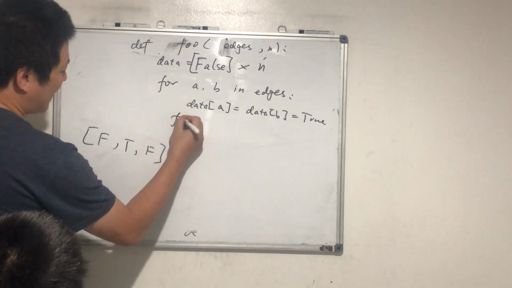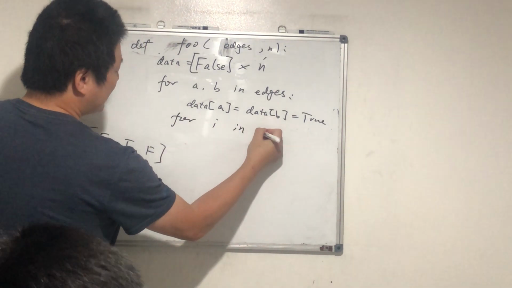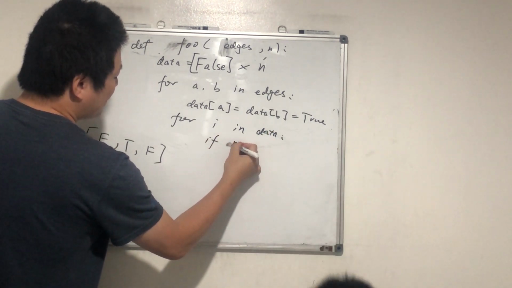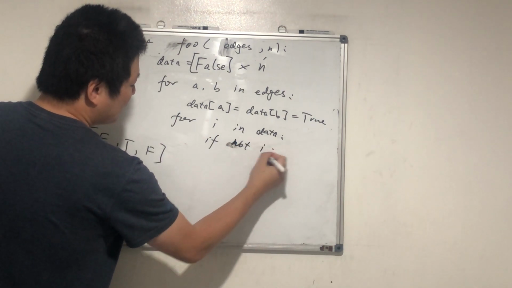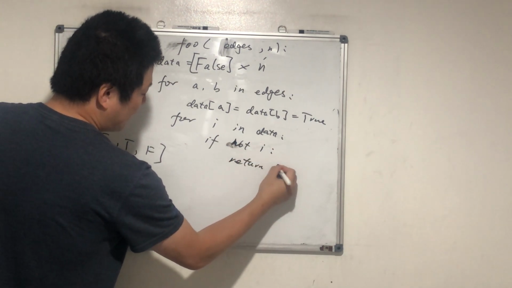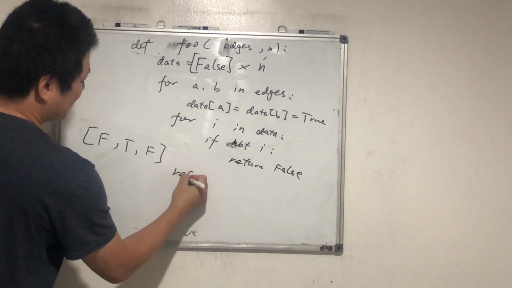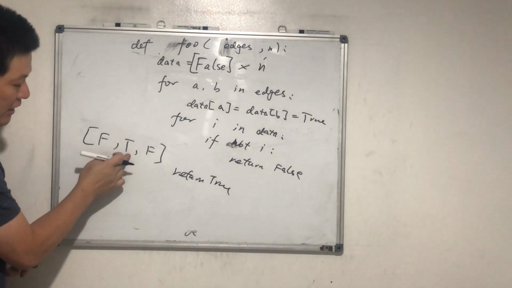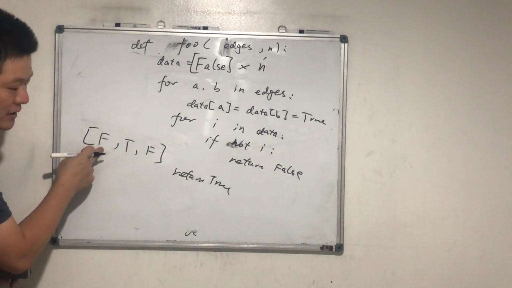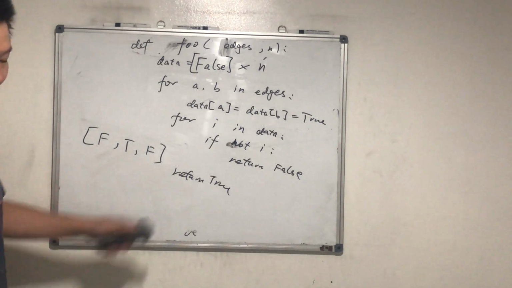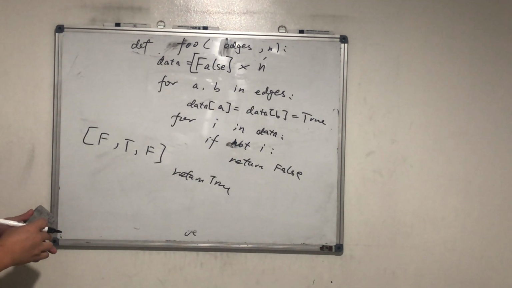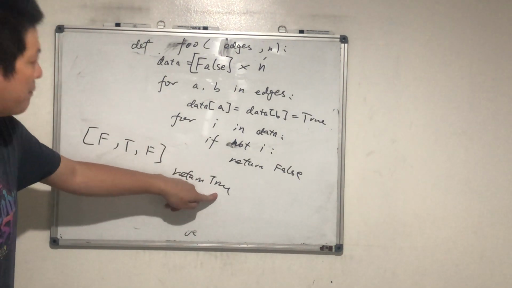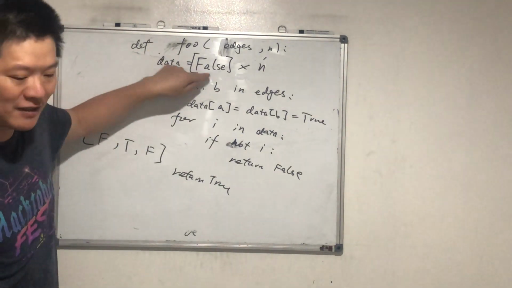One way is: for i in data, if not i, return false. Otherwise, return true. Yeah, this is the easy way. You go through each value in the data and check if it's false. If it's still false, then we return false. Otherwise, return true. When it's true, it means that all the values in data are true, right?